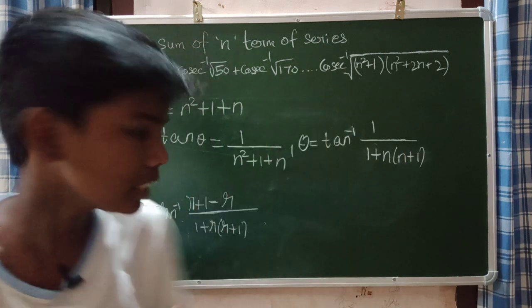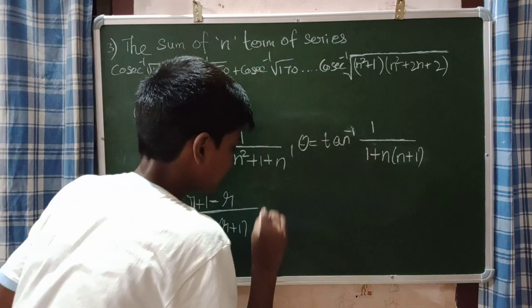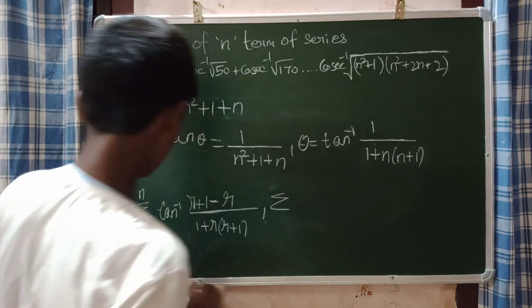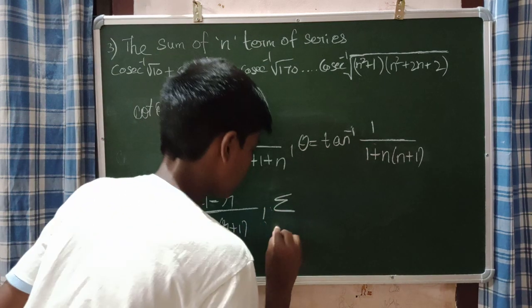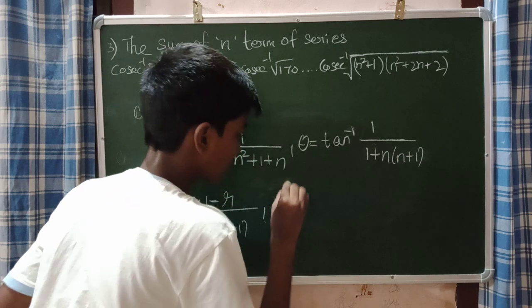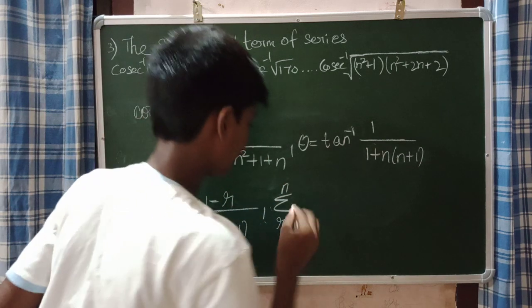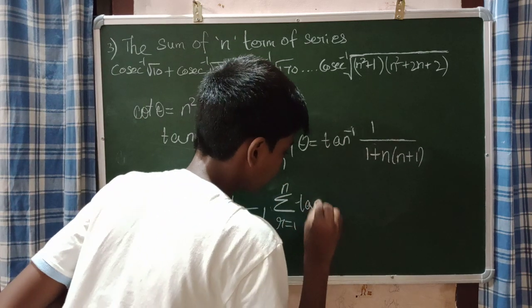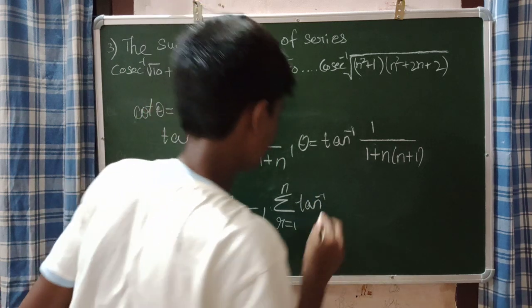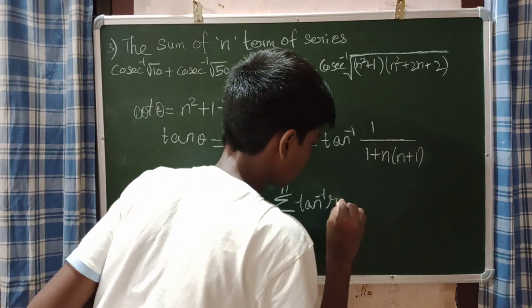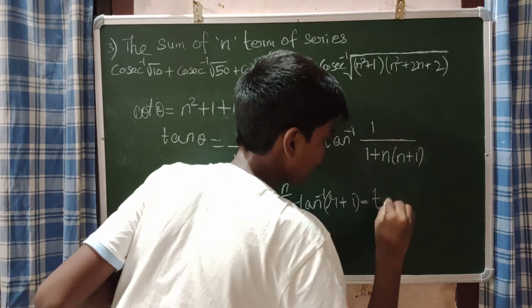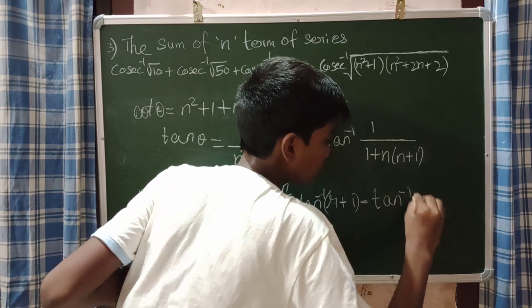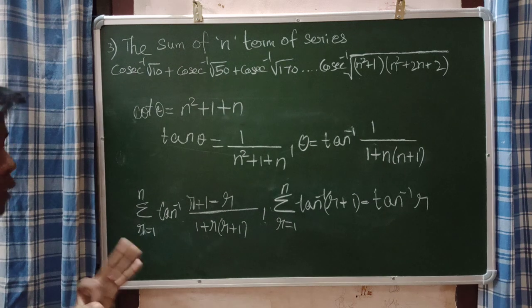But why I'm doing this means, I can write this as summation of r is equal to 1 to the n number of elements of tan inverse of r plus 1 minus tan inverse of r. Is it beautiful, guys?